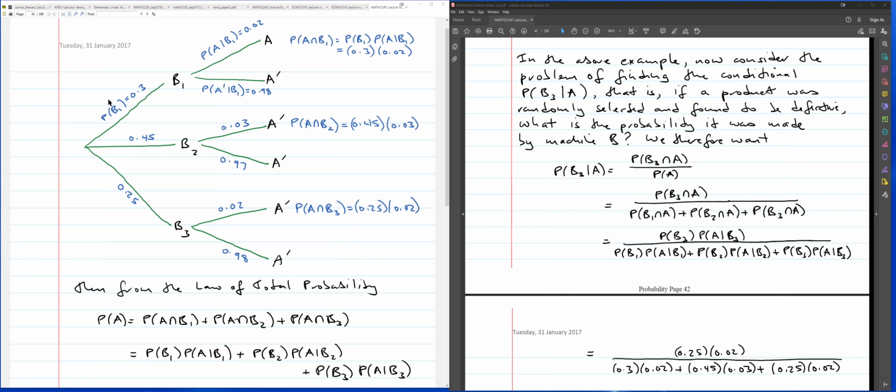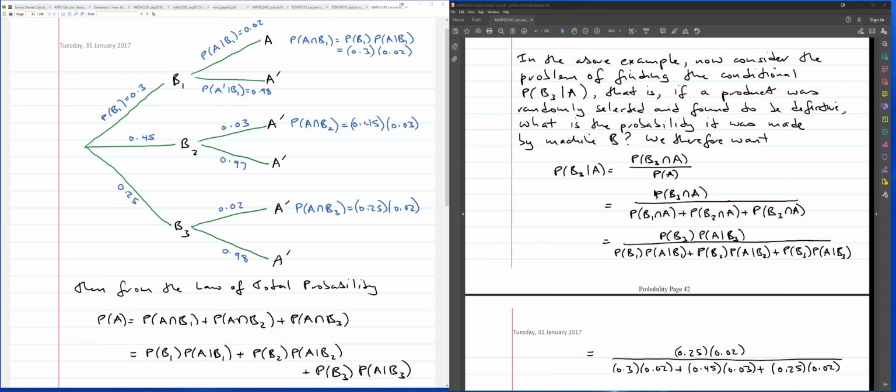You take these two edges, the 0.3 and the 0.02, that would be this product here. Then the 0.45 and the 0.03 is this product here. And the 0.25 and 0.02 is this third product on the bottom. So that is the probability of A.